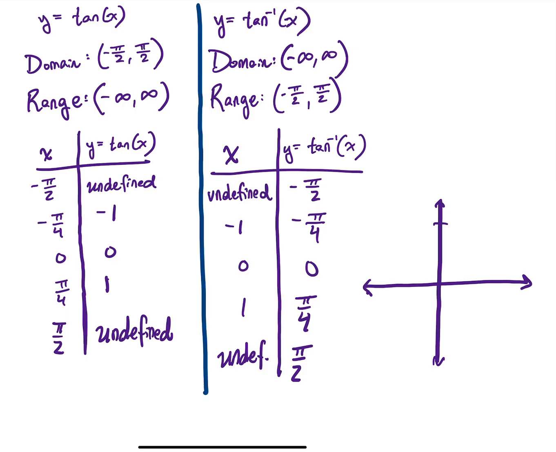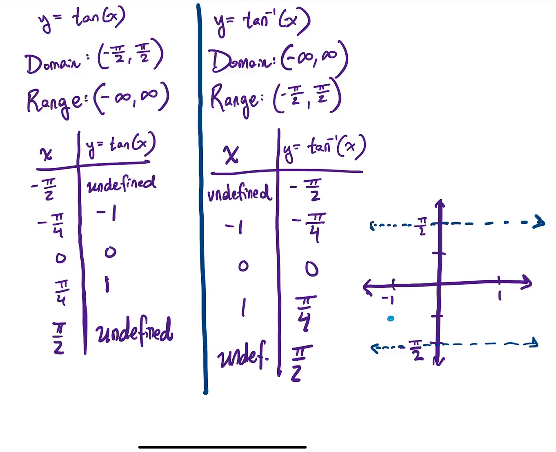So up here at positive pi over 2 and negative pi over 2, I have some horizontal asymptote. So the range is bound between these. And let's have -1 and +1 here. So that'll be positive pi over 4, negative pi over 4 on the y-axis. So we should have the point -1, negative pi over 4.